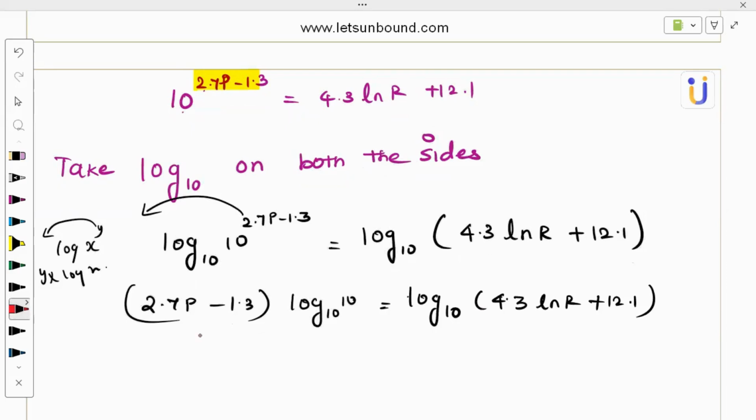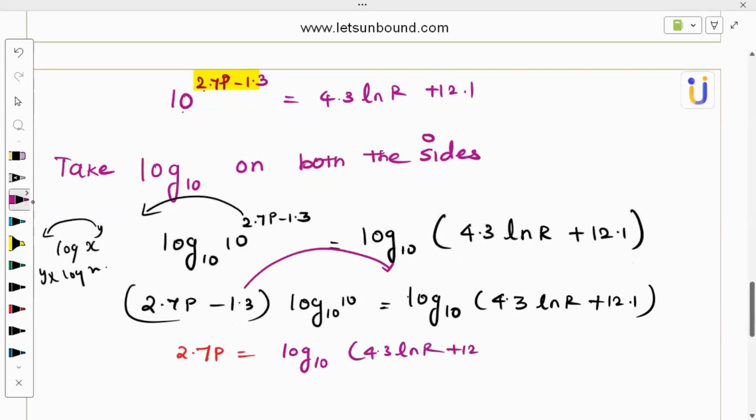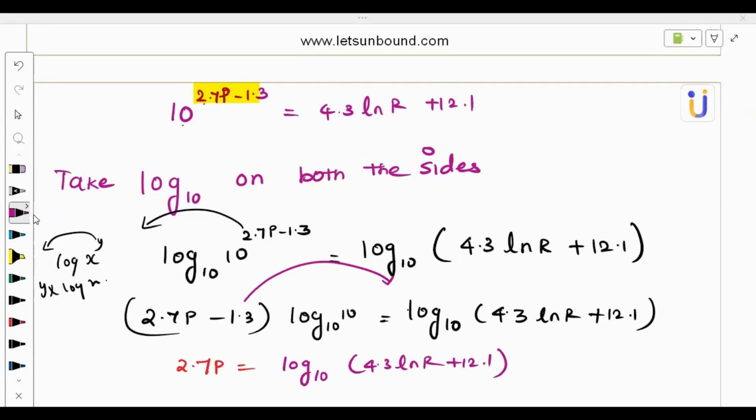Then 2.7P equals, what happened to this? Log with the same base and same input becomes 1. So I'm just transposing that 1.3, and you will get 2.7P equals log 10 of (4.3 ln R plus 12.1) plus 1.3, with the 1.3 outside of the log.